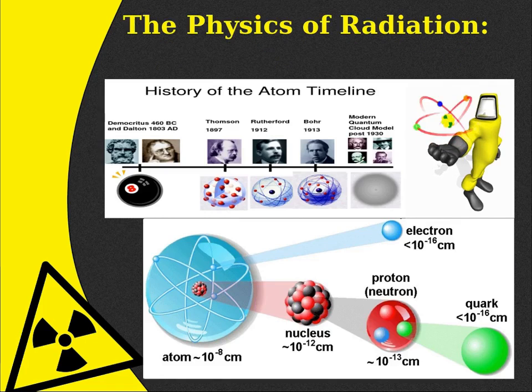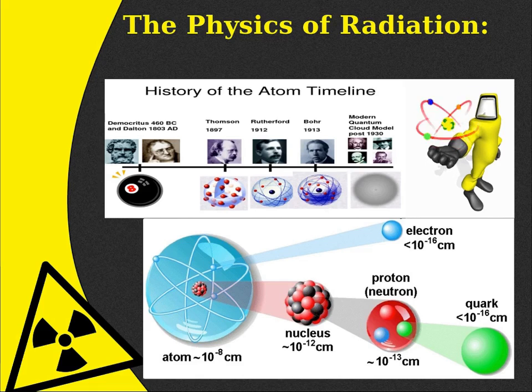Radiation started even centuries before, in 460 BC. They thought that the basic element of all matter is a solid matter, but they could not describe its components, until Thomson, Rutherford, and Bohr discovered the electrons and the nucleus.